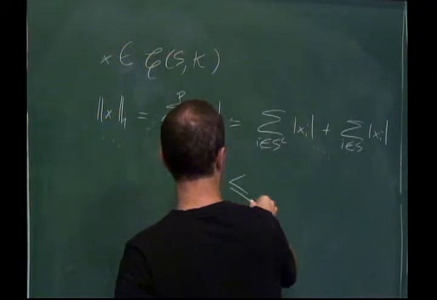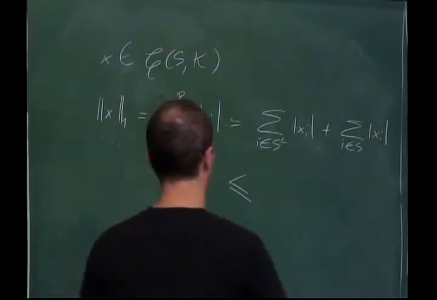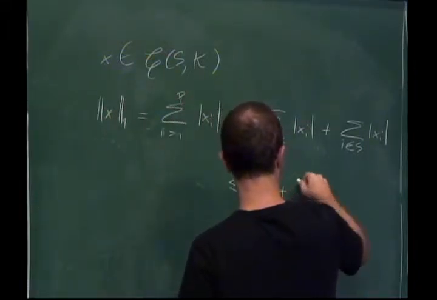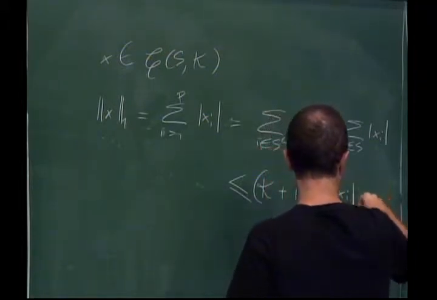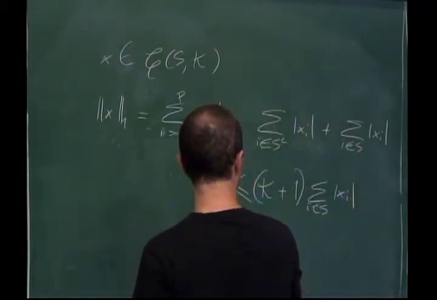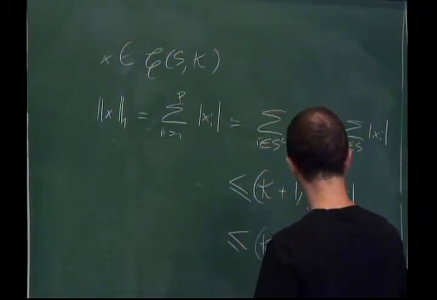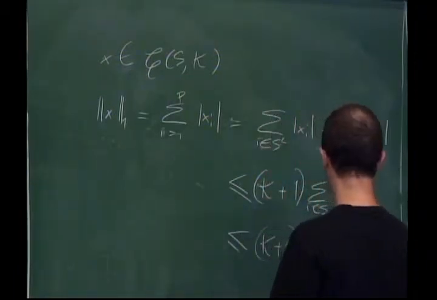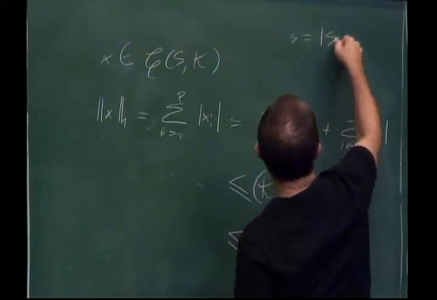And by the definition of the set, we know that the first sum is less than kappa times the second. And now you can apply this Cauchy-Schwarz thing and see that this is less than kappa plus 1 times the square root of the size of S. Now let me just say that little s is the size of S here.